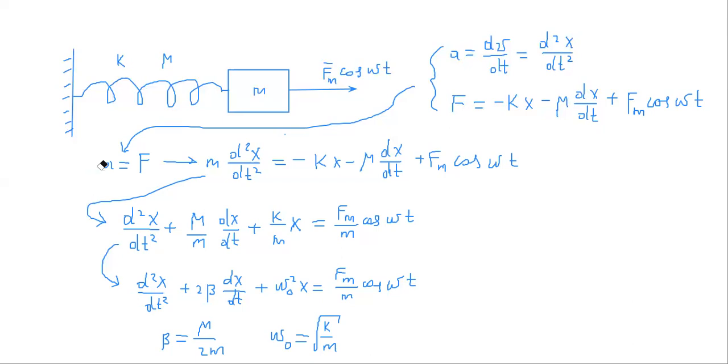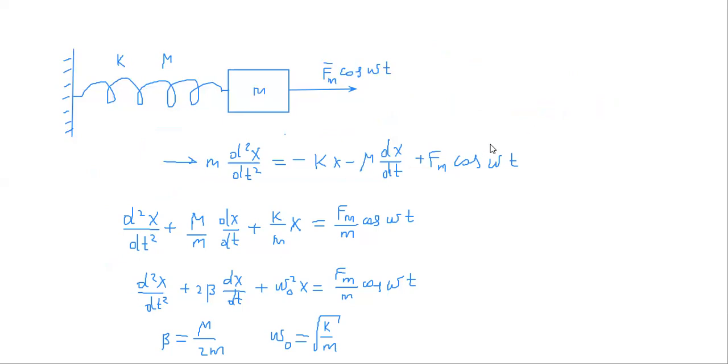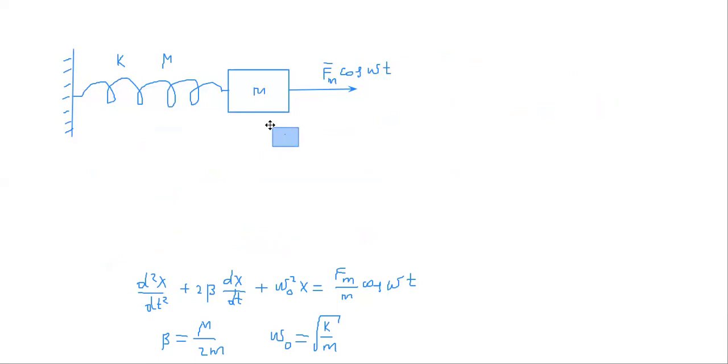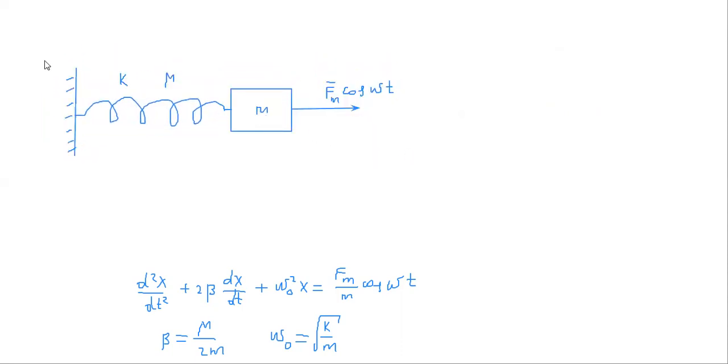So I can clean some unnecessary information from the screen. And we can make a conclusion that for forced oscillations in a simple oscillator, we have a differential equation that can be written in this way.